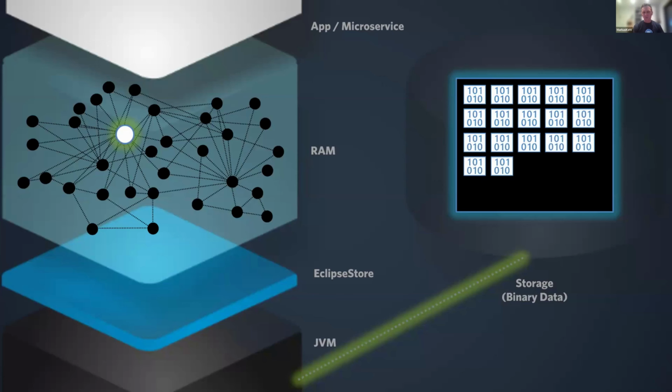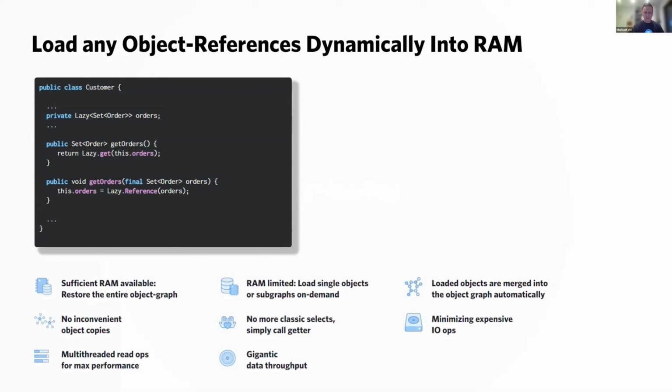So lazy loading is very easy. You can use eager loading or lazy loading, so it's your choice. If you want to load data initially, then keep your classes eager, or do nothing. Then it's automatically eager. If you want to load object references lazily, then use lazy loading.